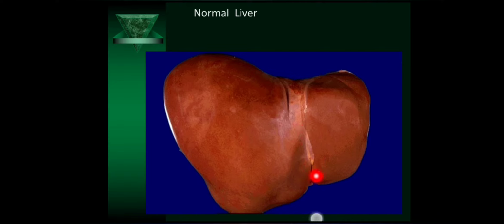Now inferiorly, there is the porta hepatis, the region where the blood vessels, lymphatics and hepatic ducts form the hilum of the liver, and a firm smooth layer of connective tissue called Glisson's capsule covers the liver entirely, and it is continuous with the connective tissue of the porta hepatis.